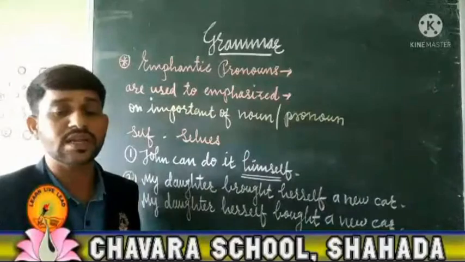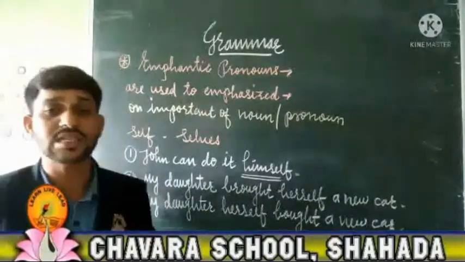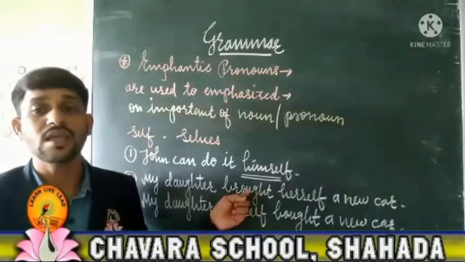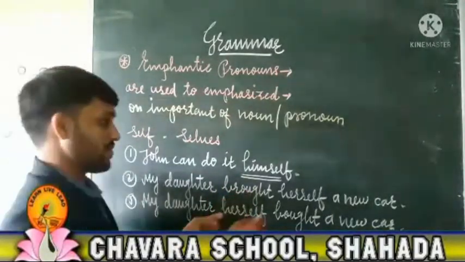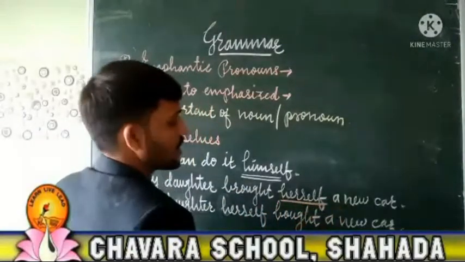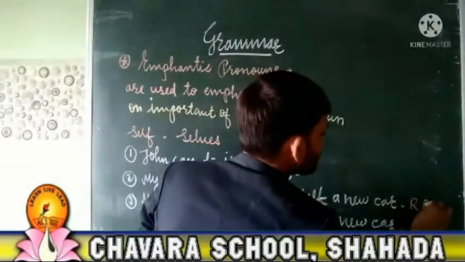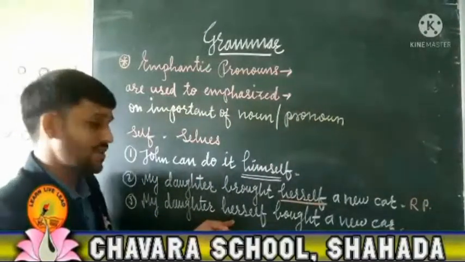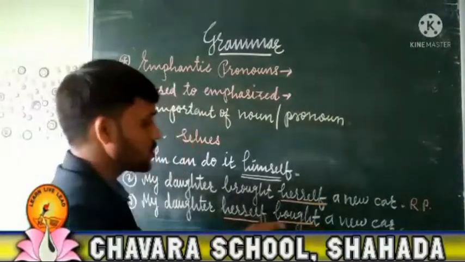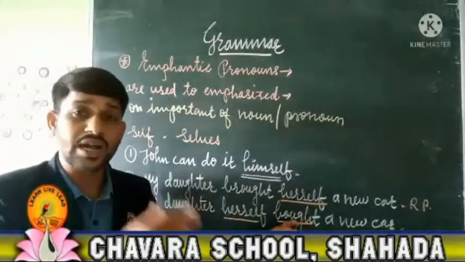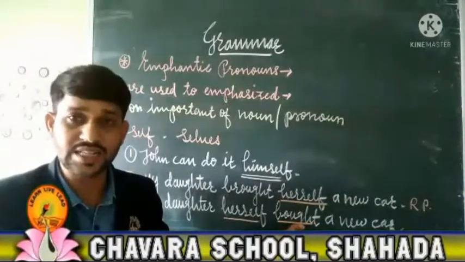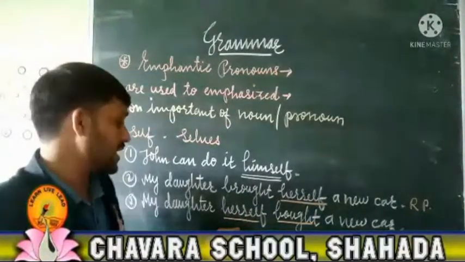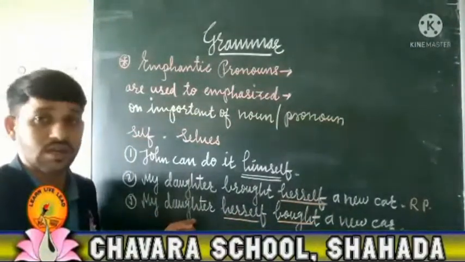In these two sentences, in the first sentence, my daughter bought herself a new car, herself is a reflexive pronoun. In my daughter herself bought a new car, it is taking attention away from the verb in the sentence and bringing the attention towards the subject.